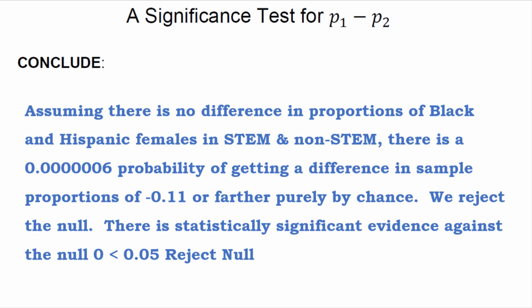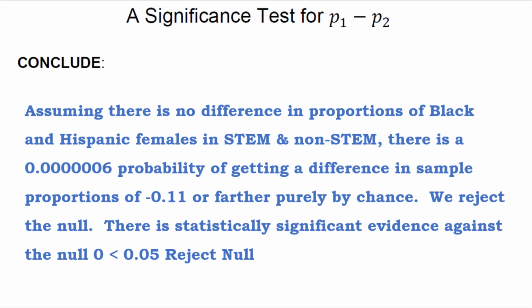So now it doesn't have to be verbatim this type of sentence structure every time, but very similar as far as stating what the context of the problem is. In this case, the difference in proportions and what the proportions are, what the probability is you got, and what you're going to do, whether you reject the null or fail to reject the null. So again, let's read this. Assuming there is no difference in proportions, remember our null hypothesis, p1 minus p2 equals 0.